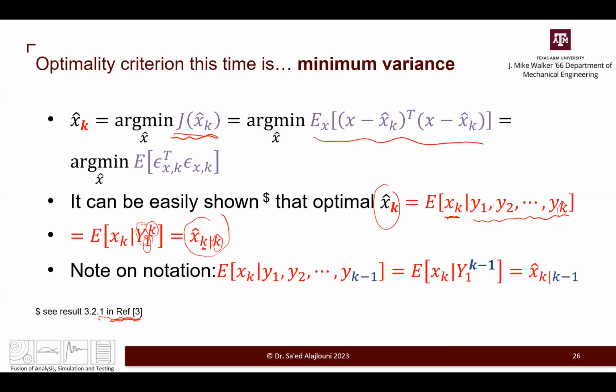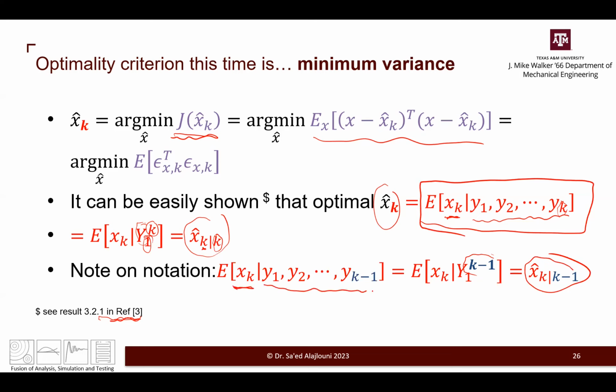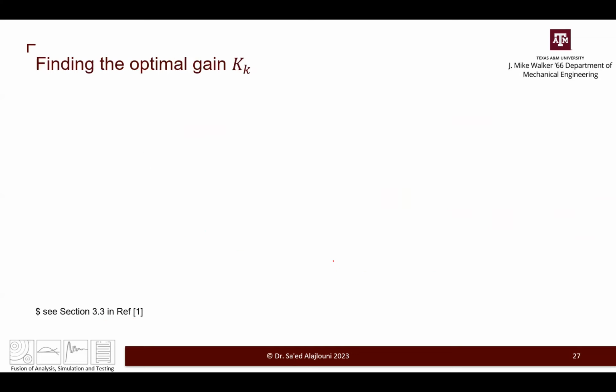Really, our estimate is nothing but this; this is what we're after. And notice that if I write Y from 1 till k minus 1, it means the expected value given all measurements up till the k minus 1 measurement. It's important to give you this notation now for the upcoming slides.